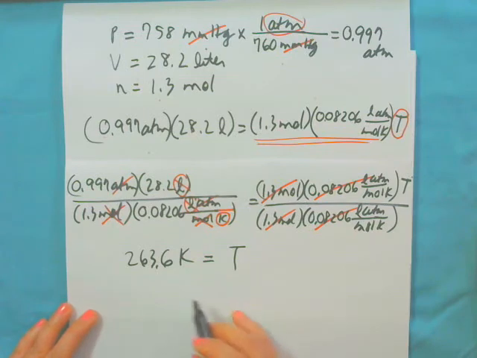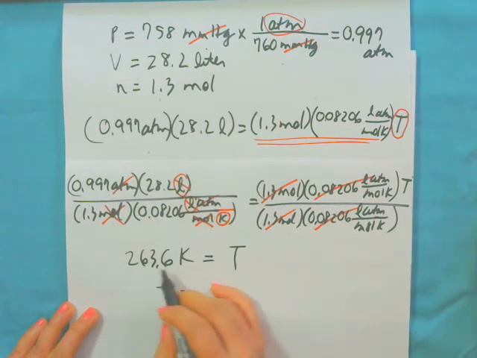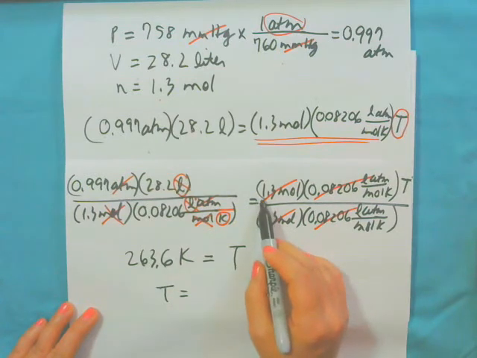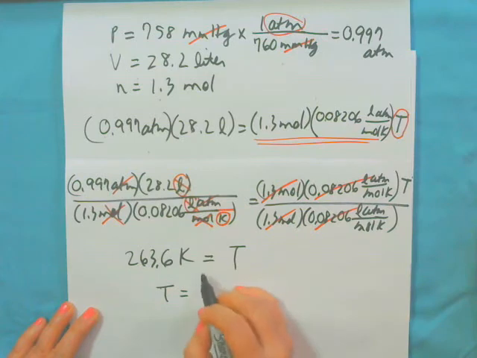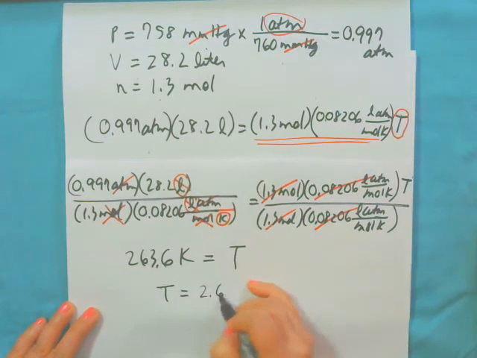Now, usually people write the variable on the left side and the number on the right side. And you also notice that I only have two significant figures in my number of moles, so I really should only have two significant figures in my Kelvin number.